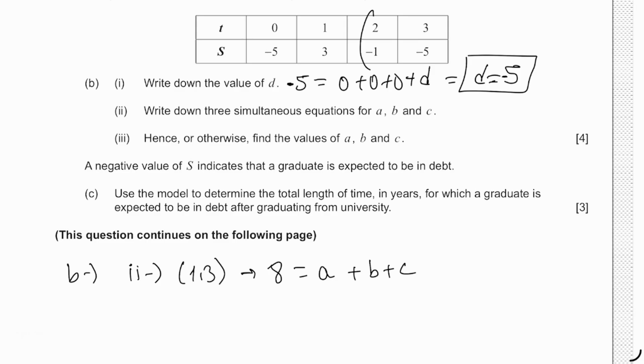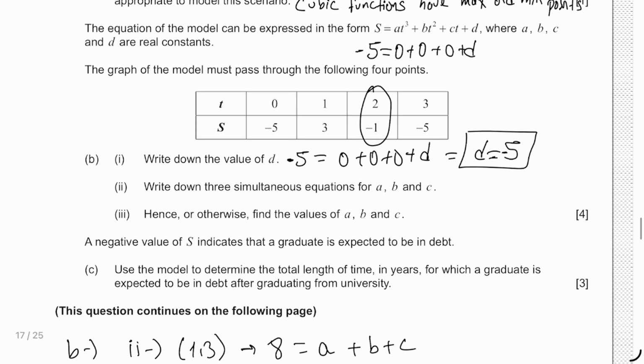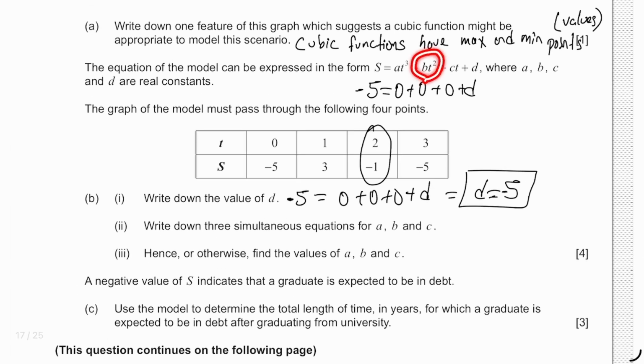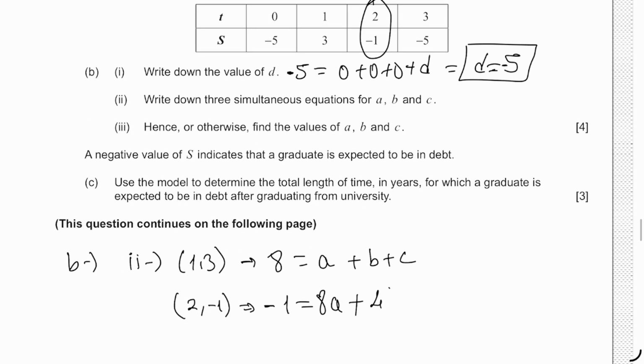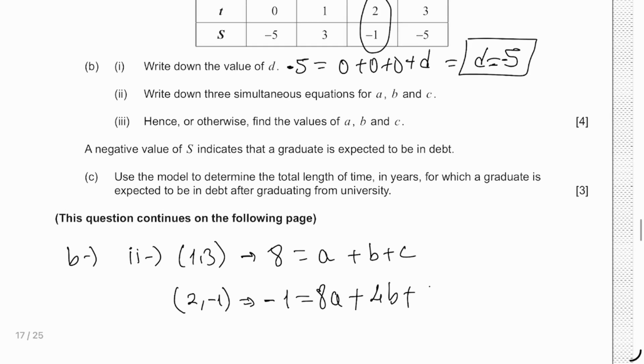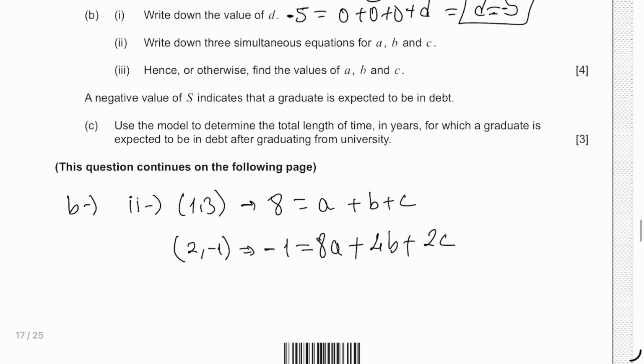If you put 2, and minus 1, so S is minus 1 equals, now we're going to put 2 to the t. 2 cubed is 8, 8A, plus 2 squared is 4, 4B, plus 2, I put 2 here, 2C, and we have D at the end, which is minus 5.